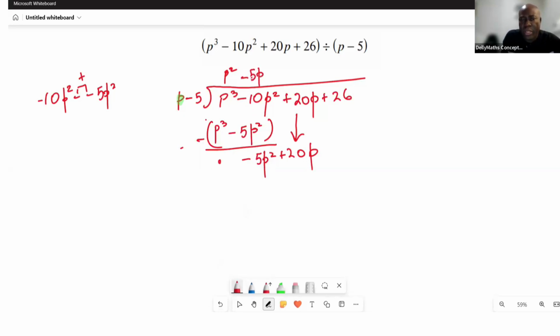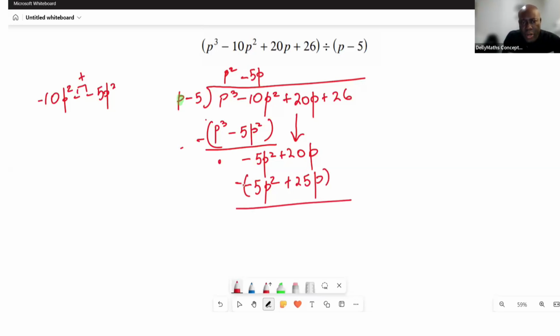Then we're going to use -5p to multiply. So -5p times p will give us -5p squared. -5p times -5 will give us positive 25p. And then we're going to subtract again.